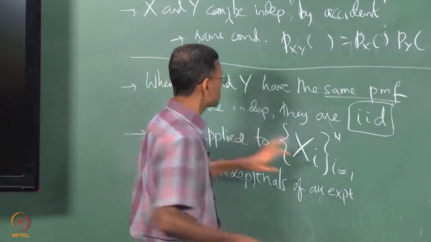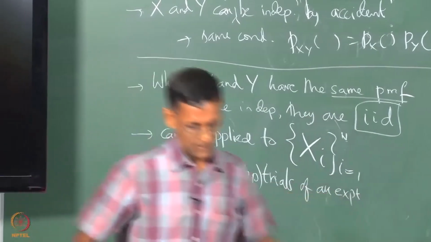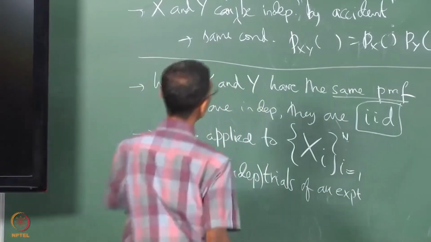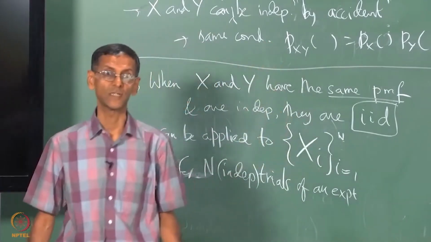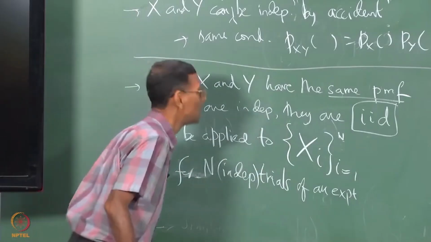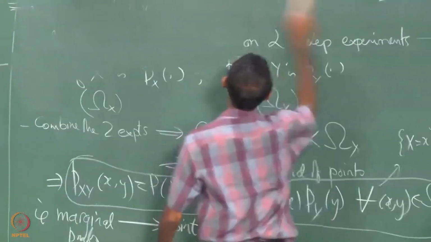In this case you can talk of the joint PMF of all of them. So I have a vector of random variables xi, and I also have a vector of observations. So what is the most important equality we have here?